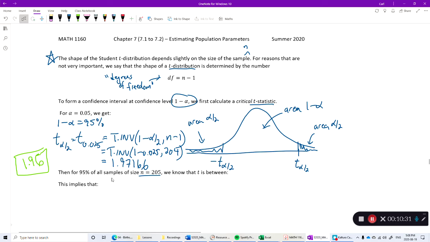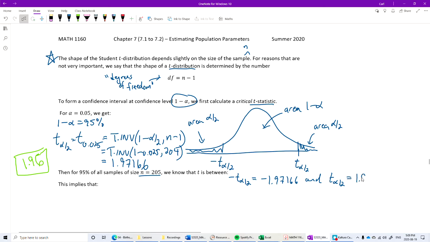For 95% of all samples of size 205, we know that t is between negative t alpha over 2, which is negative 1.97166, and the positive version, t alpha over 2, which is positive 1.97166.